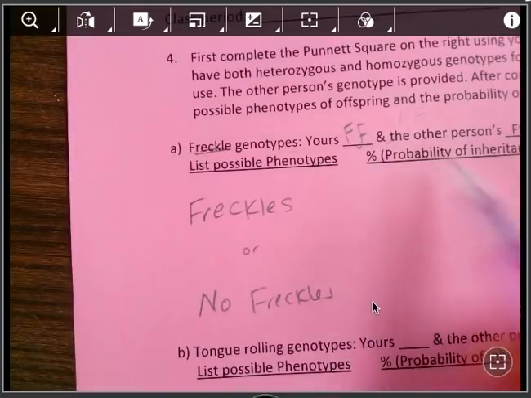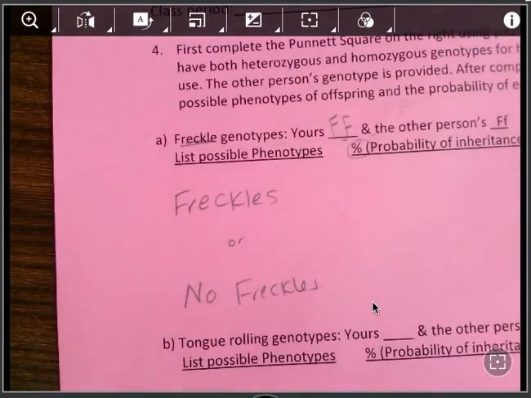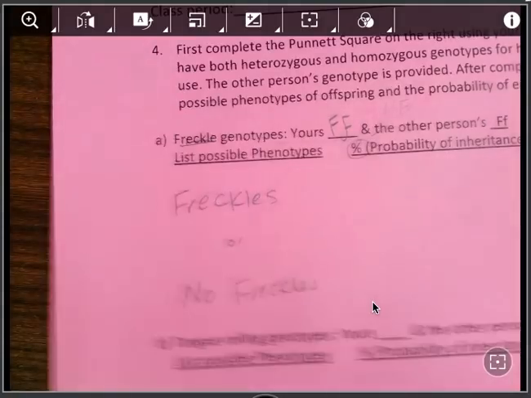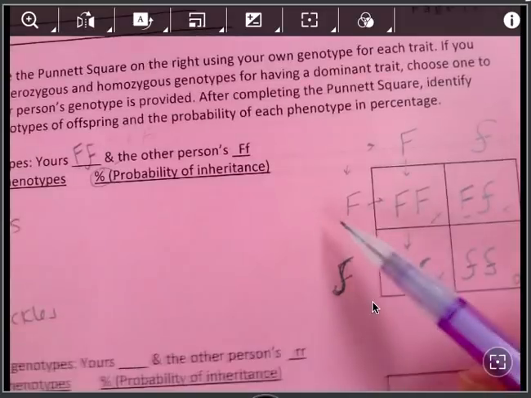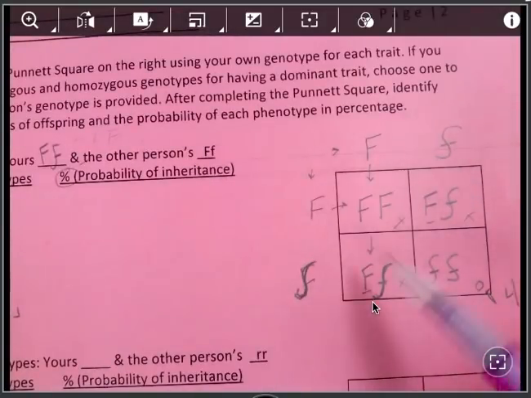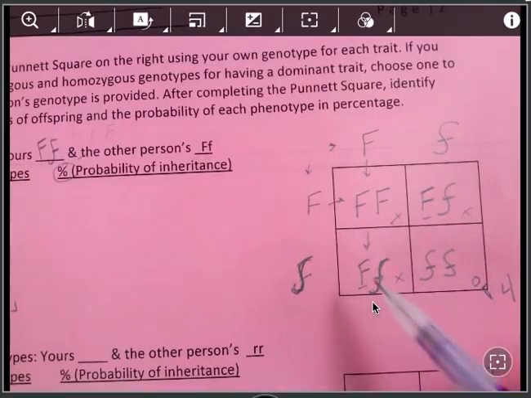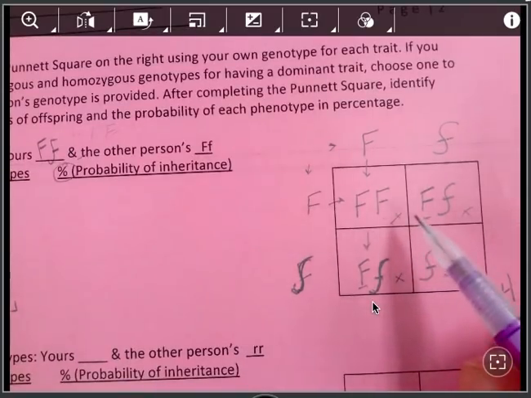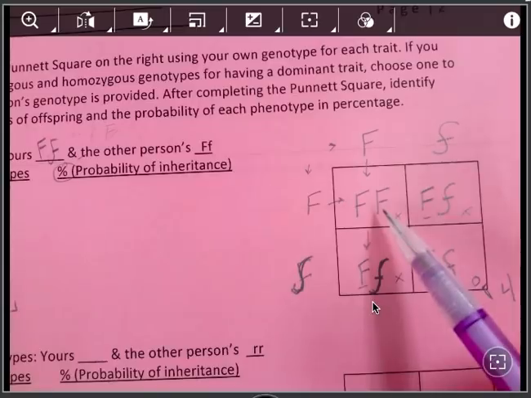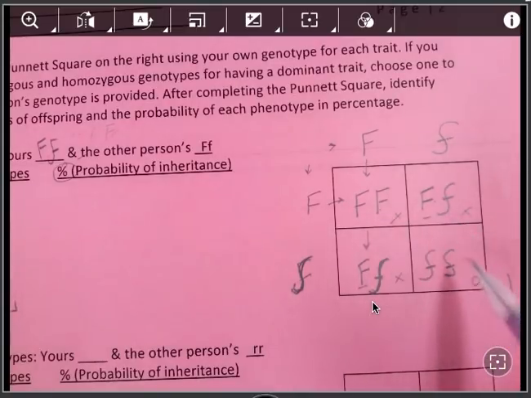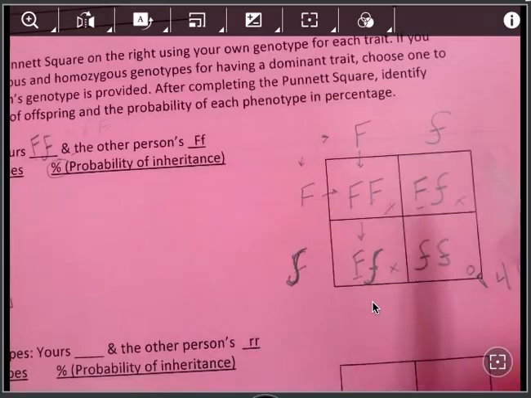And the second part here with the probability of inheritance. So that's just asking, what are the chances that if Mrs. Callhammer has a child with somebody that's the same genotype, their kids are going to have freckles? Well, the Punnett square would predict that 1, 2, 3 out of 4 children would have freckles, and 1 out of 4 would not.